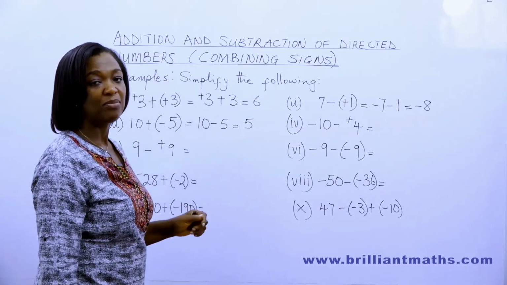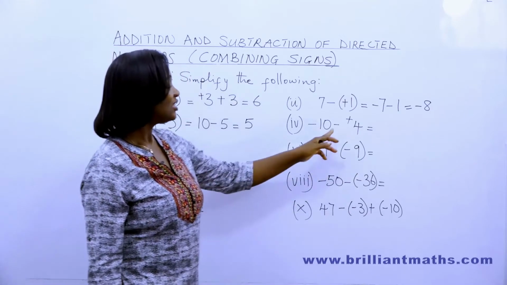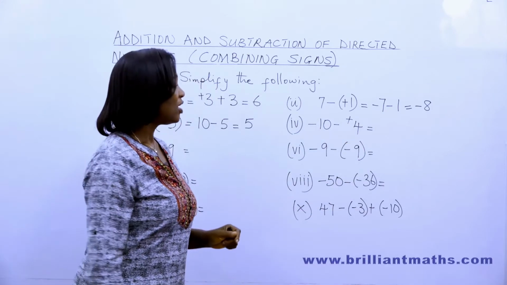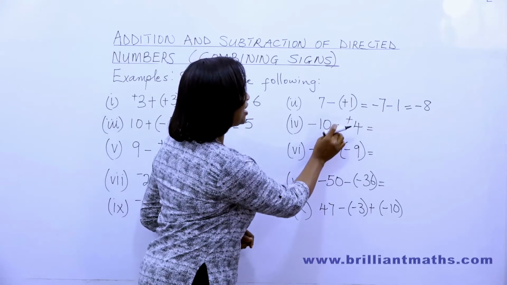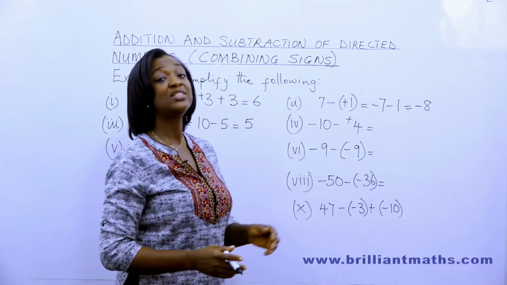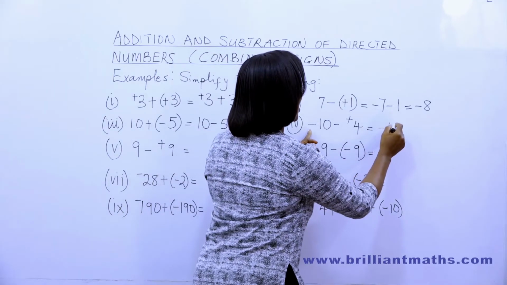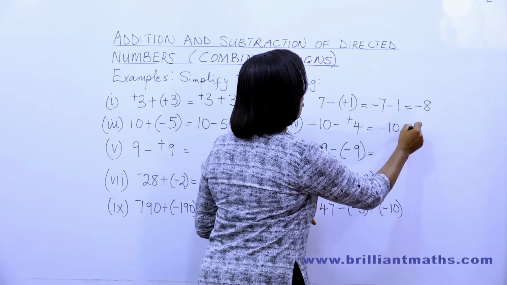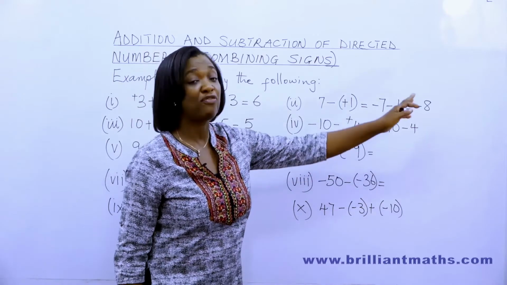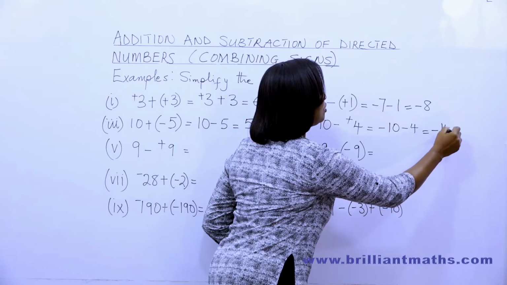In the next example, we have minus 10 take away positive 4. The two signs in the middle there, minus and plus, if you simplify them, it means a minus sign. So this means minus 10 minus 4. And from minus 10, if you take away 4, your answer will be minus 14.